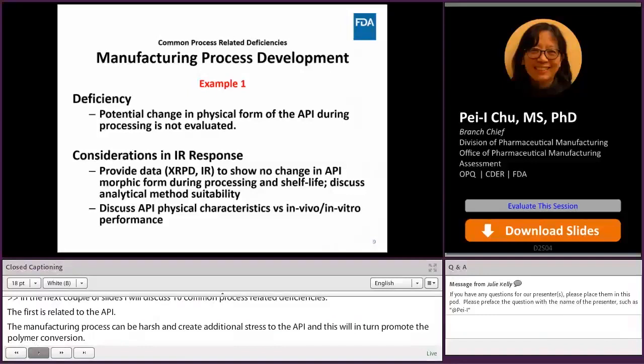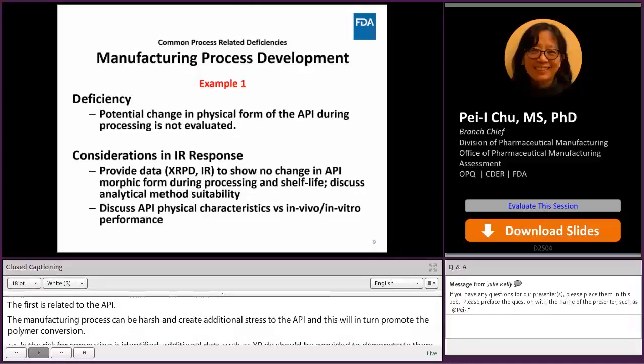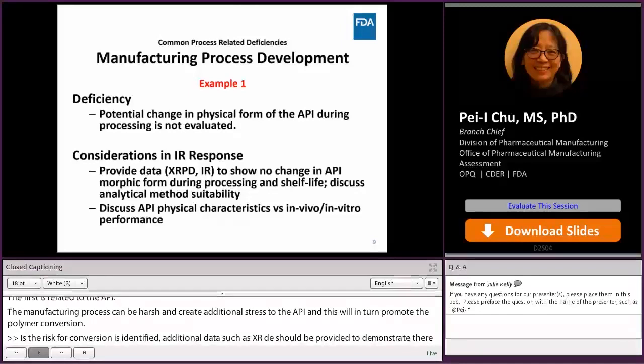So if the risk for potential polymorph conversion is identified, additional data such as XRD or IR data should be provided to demonstrate that there is no change in the API morphic form during processing, and also during storage.